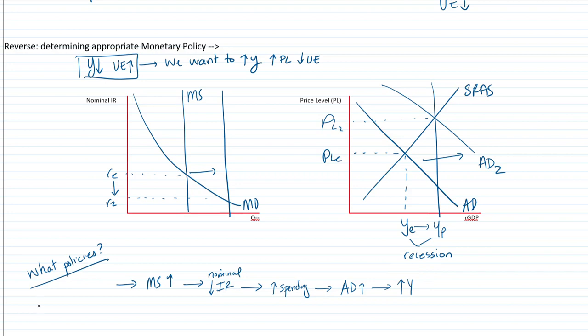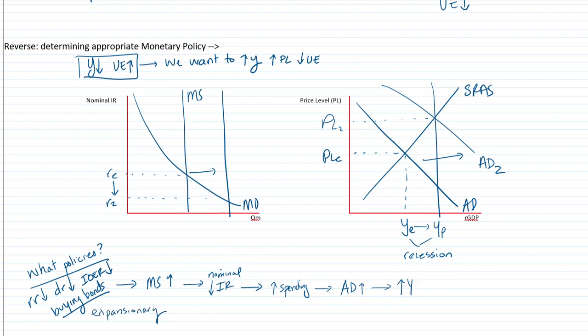And the answer is going to be the same as before. Reserve ratio down, discount rate down, interest on excess reserves down, and buying bonds. But despite the fact that the answers are the same here, it is a different thought process. We need to be able to understand that these policies are expansionary.